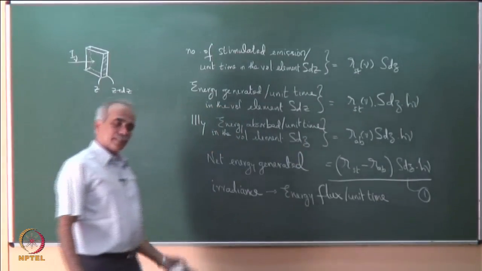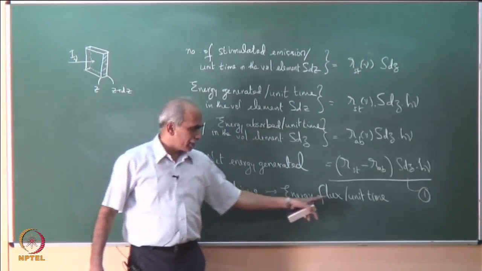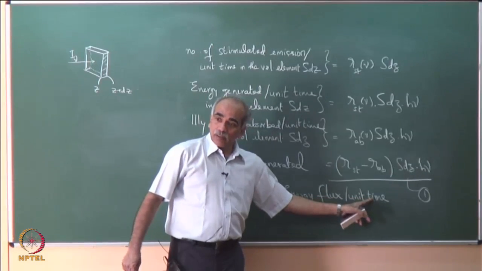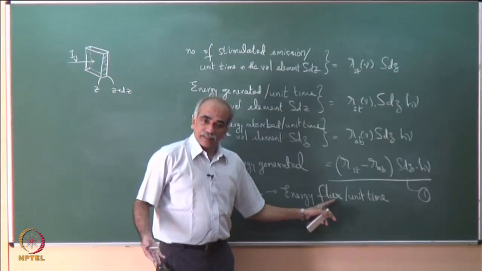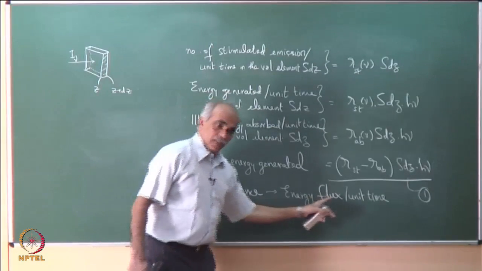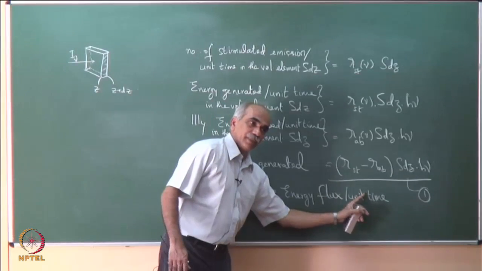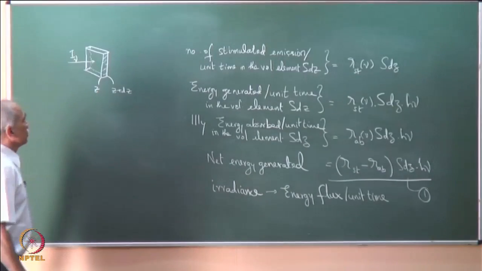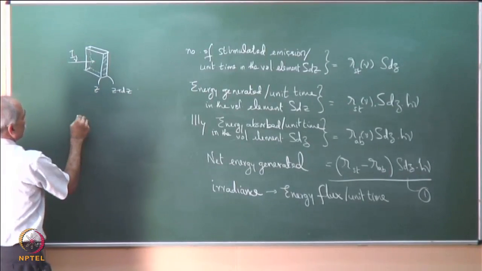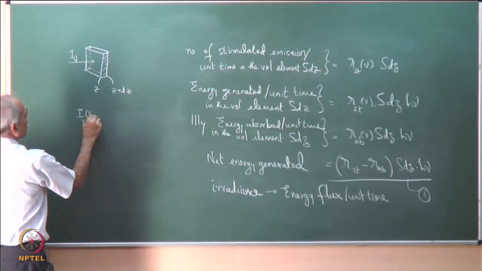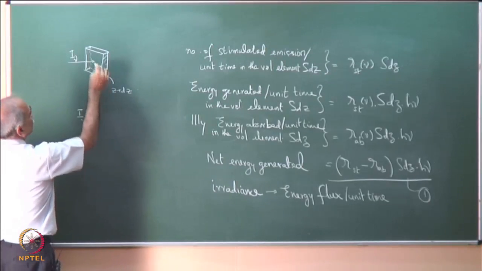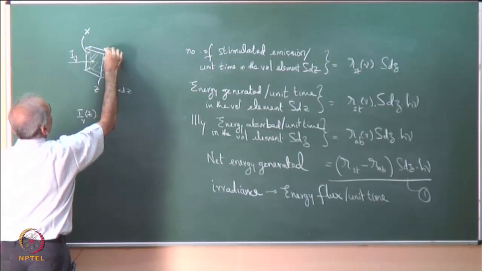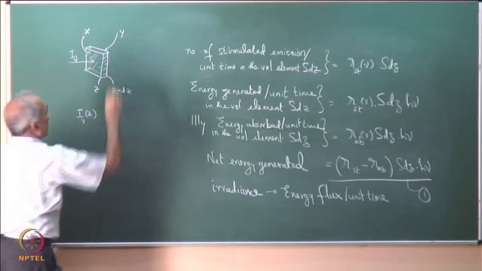It has the units of intensity because energy per unit time is power and power per unit area is intensity. That is why it is I. So, if I nu of z is the irradiance on this plane, let me show this end plane as plane x and the other plane at the other end as y.